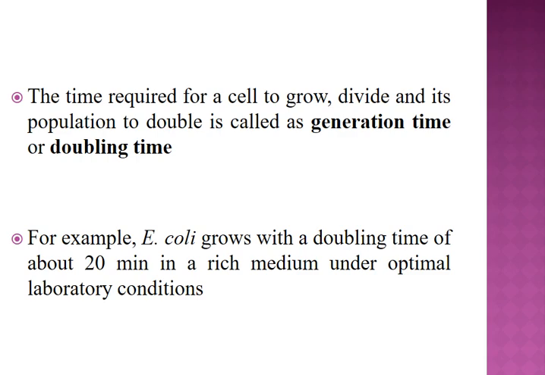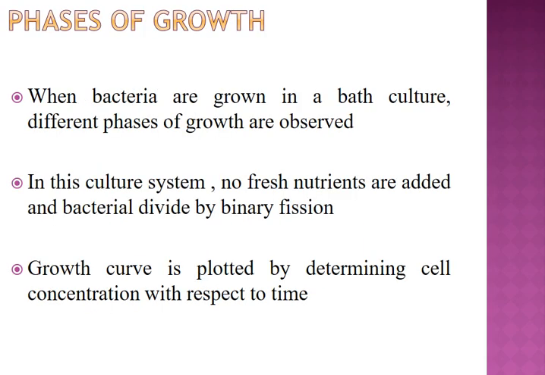So only 20 minutes are required for one cell of E. coli to form two cells in a nutrient sufficient medium under suitable conditions. So they have a very short generation time. Within 20 minutes E. coli can divide.